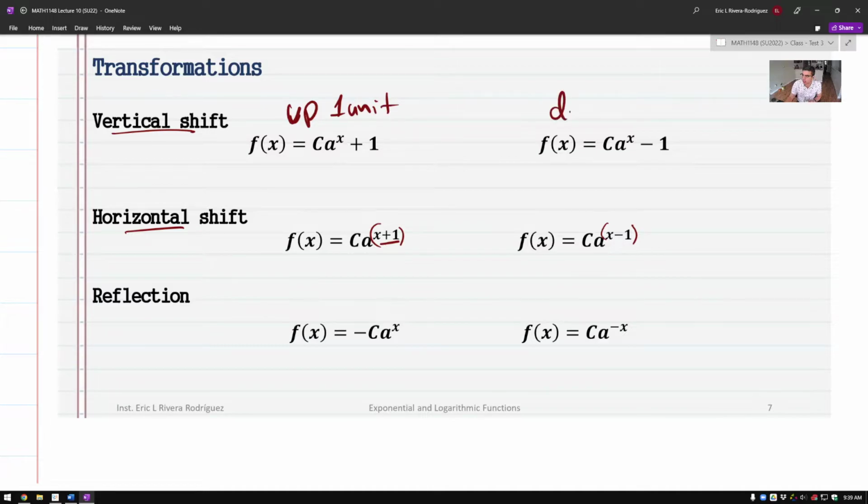This is going down 1 unit. Okay, this kind of transformation, vertical shift, is important to the horizontal asymptote. Why? Because now the graph is moving vertically, and that means that the horizontal asymptote is also going to move.